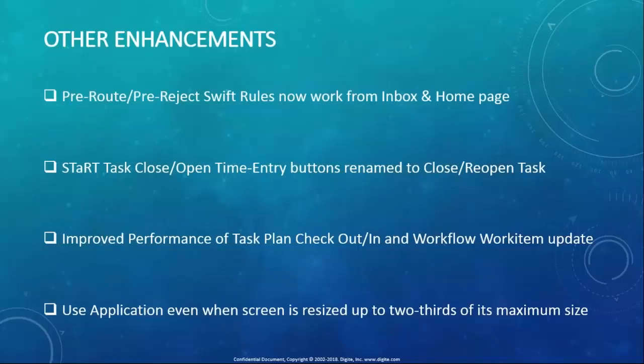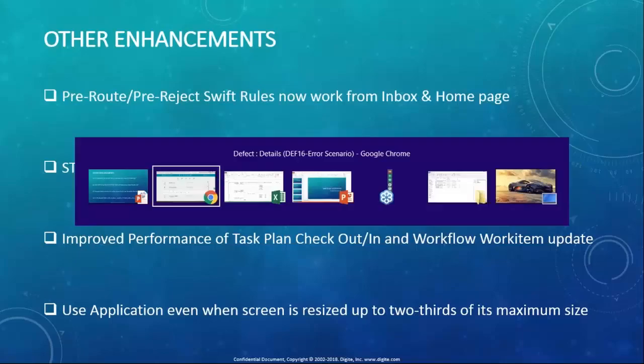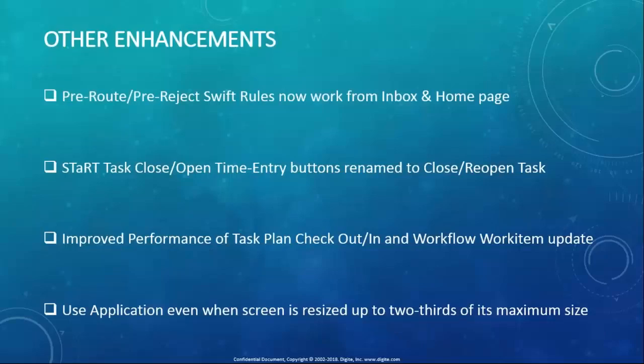So that's how we have implemented the pre-route and pre-reject Swift rules on the inbox and home page. Another small update which we have done is for the start task. Earlier, start task had buttons for close and open time entry. We have ensured that they have been renamed to close and reopen tasks.